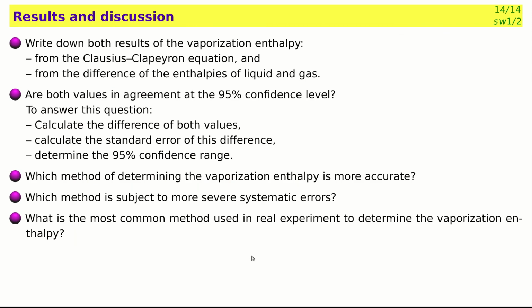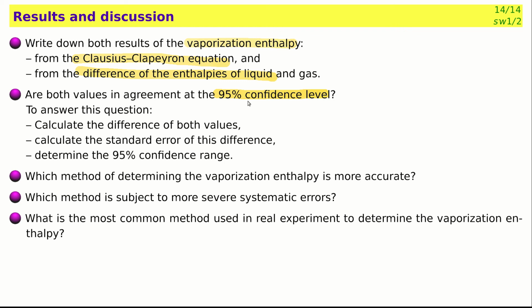And the last task is to answer these questions. That is, at this moment you should have two values of the vaporization enthalpy obtained by two methods. So your task will be to compare them and to verify whether they agree at the 95% confidence level.